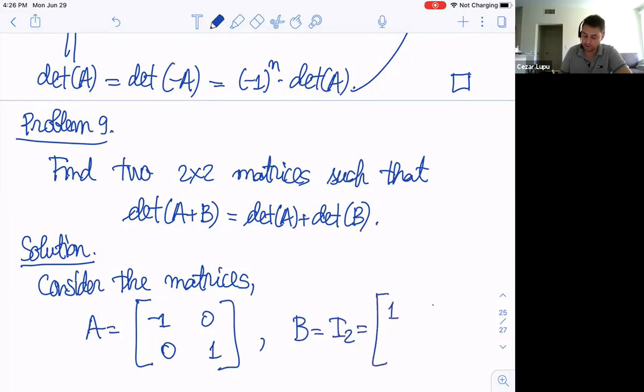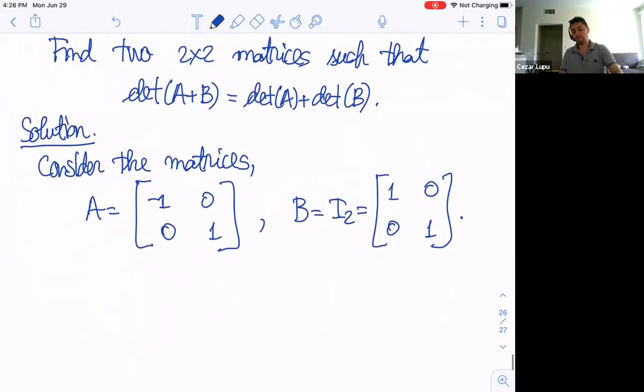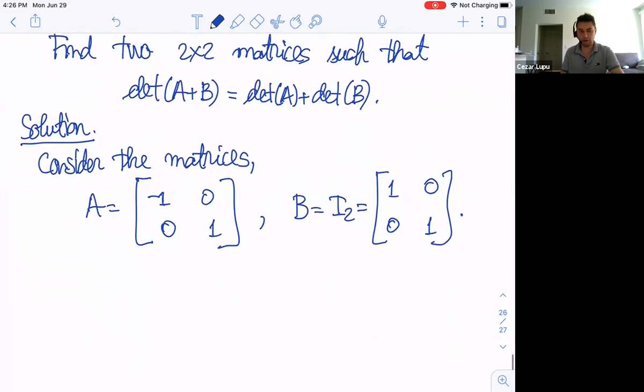I'll take the simplest examples possible. And now, once I put my hands on these two matrices, I'm good to go to do the computation. So first of all, let's see who is A plus B.